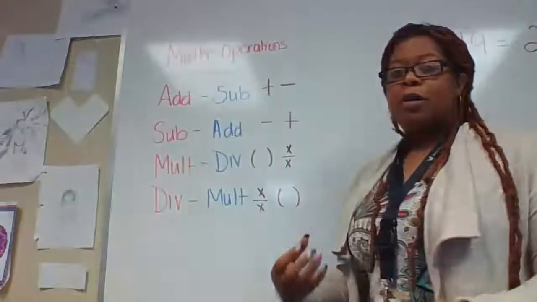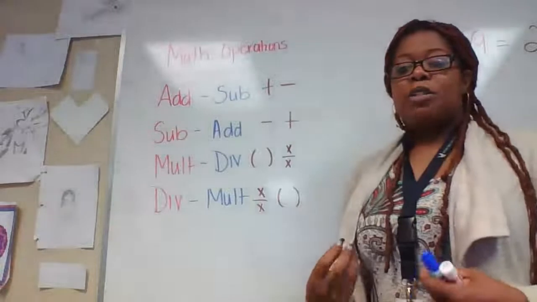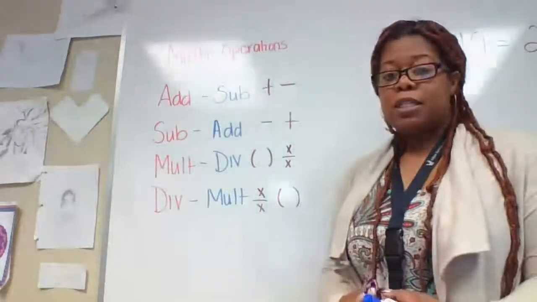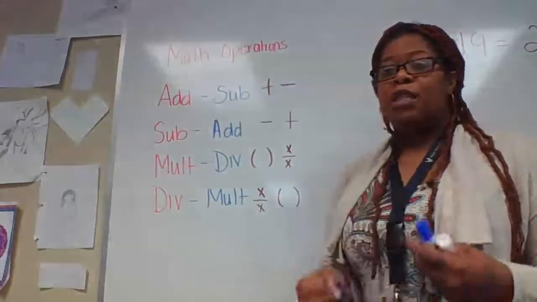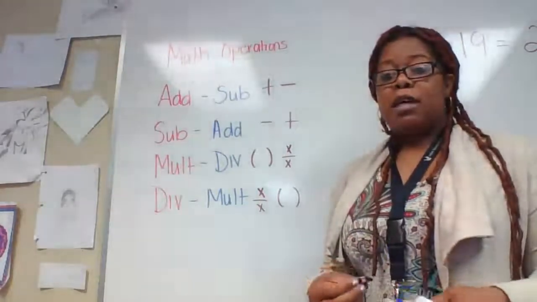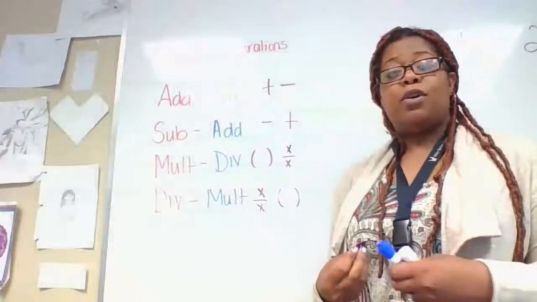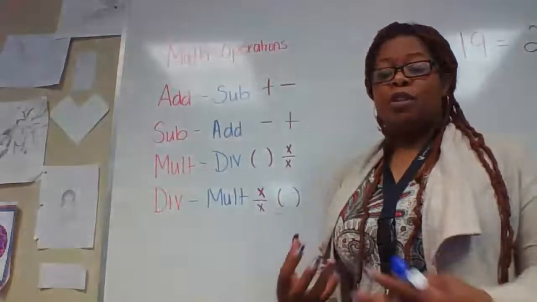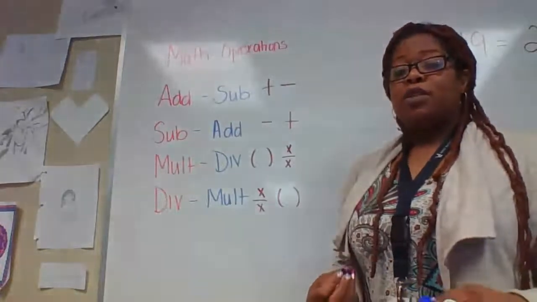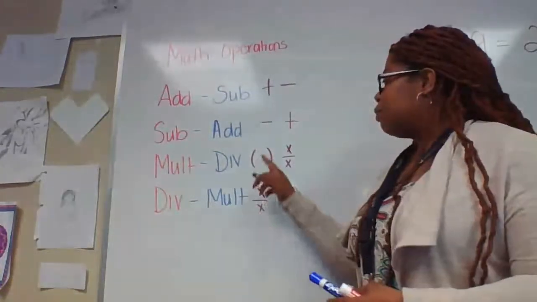When we're talking about multiplication, many times we are going to see parentheses. I explained to you all that we get away from using the actual multiplication sign because when we are solving equations, x is often one of our variables and we don't want you to be confused. So instead of using the multiplication sign, we may use parentheses.